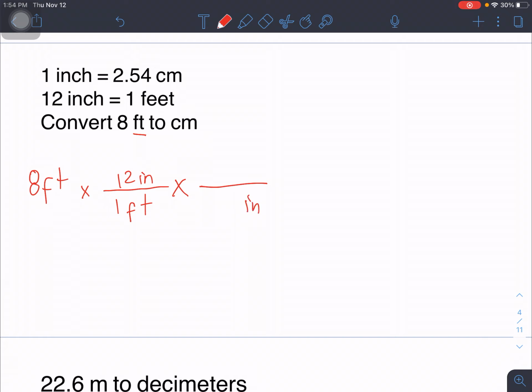We'd like to place inch in the denominator because we have inch in the numerator, and cm. So 2.54 cm, then 1 inch. So we will be having 244 cm. Okay, so this is our answer.